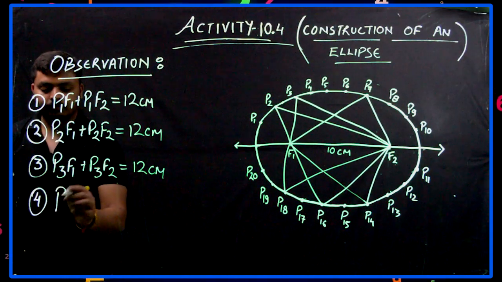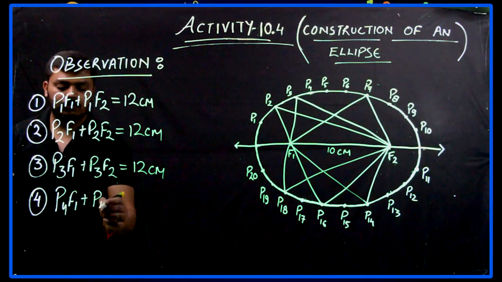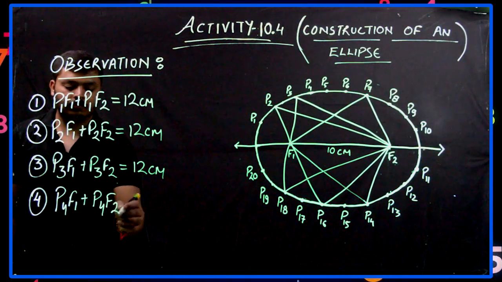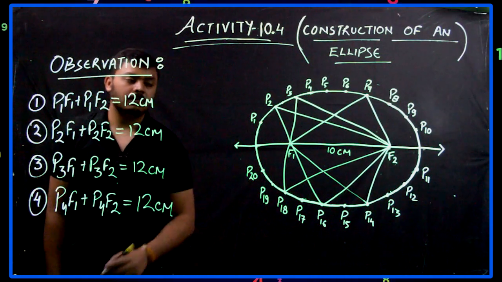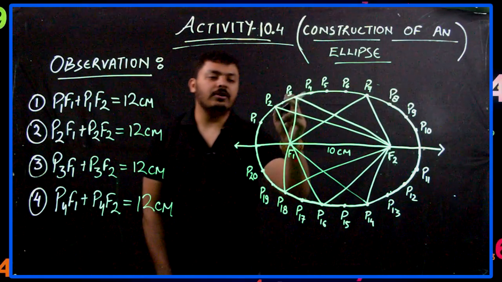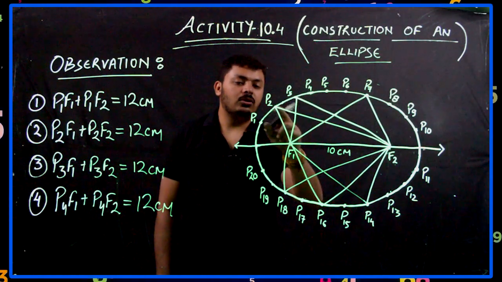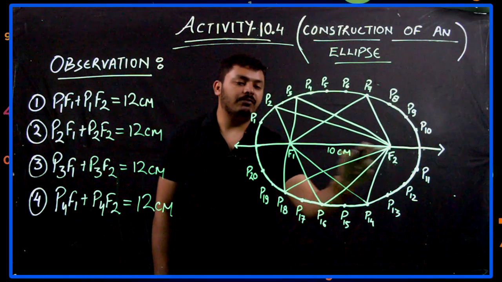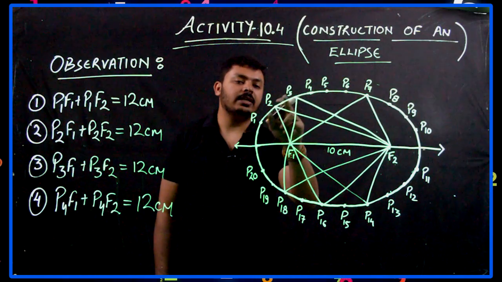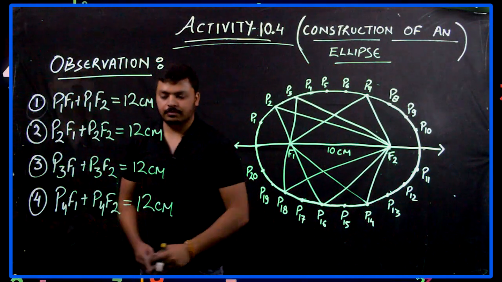Similarly, as the points we have obtained are only by stretching the thread, the sum of the two lengths from F1 and F2 to any point, that is P1, P2, P3, P4, gives the length of the string.